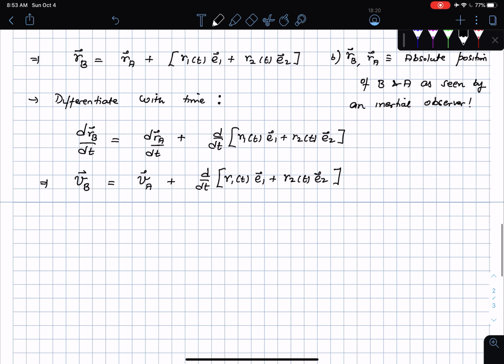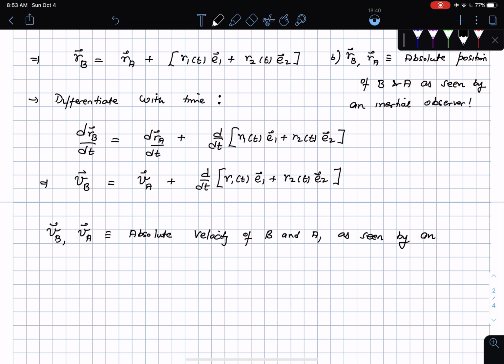Here vb and va are the absolute velocity of b and a as seen by an inertial observer.